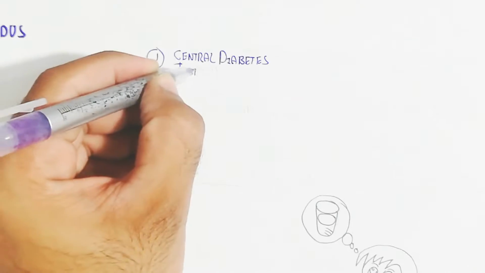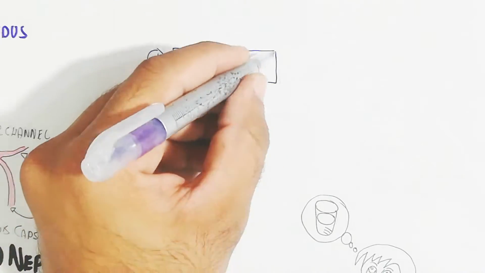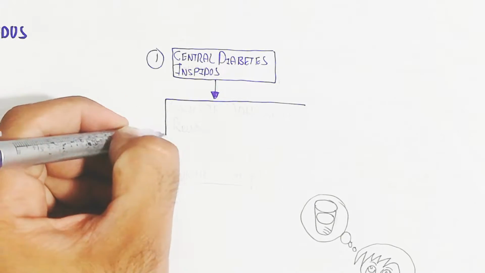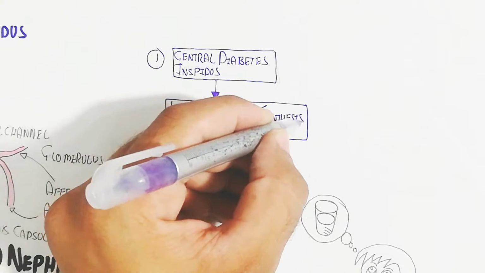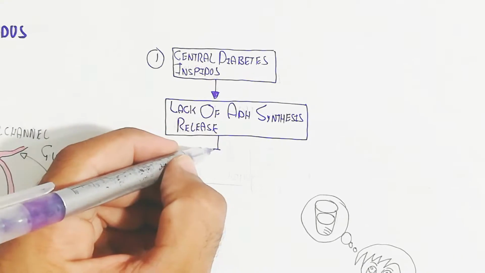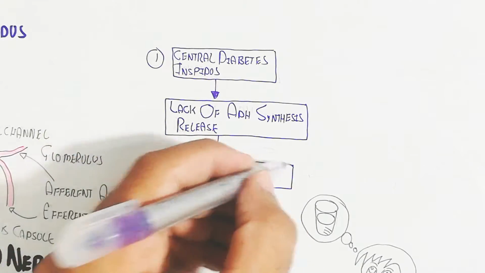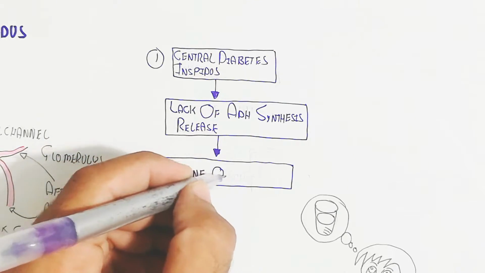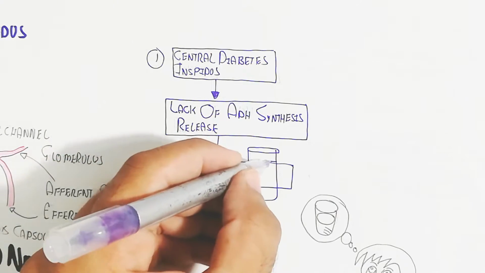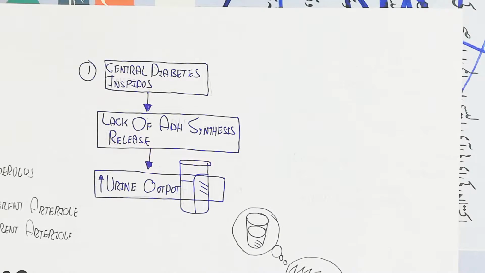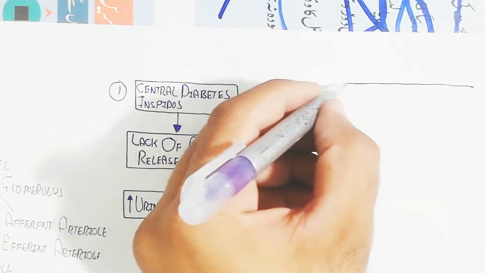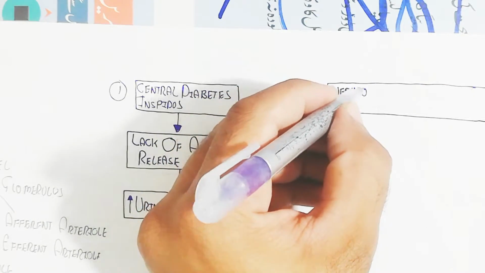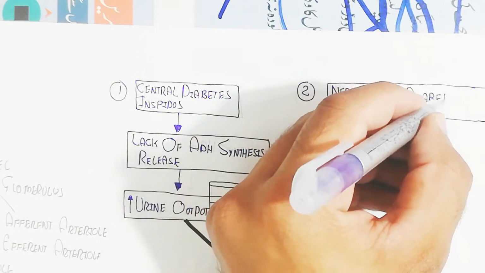Central diabetes insipidus, number one: there is a lack of antidiuretic hormone synthesis and release, and the urine output will increase, meaning water will be lost and the person is thirsty again and again. Number two is nephrogenic diabetes insipidus.